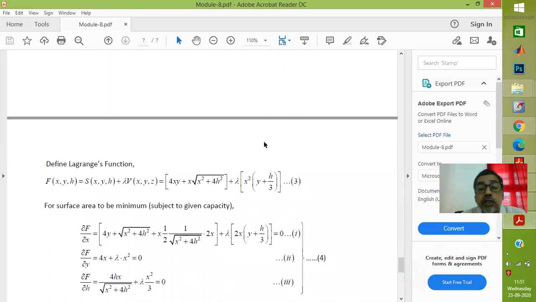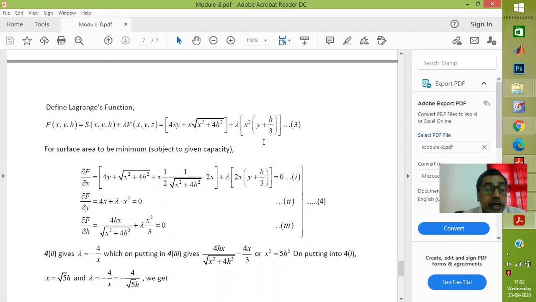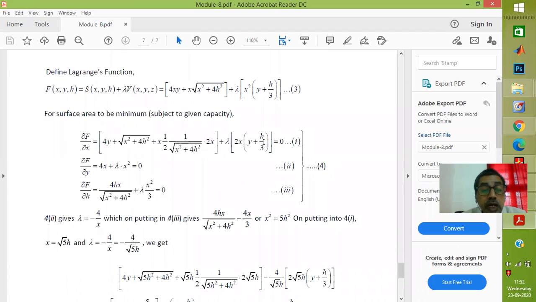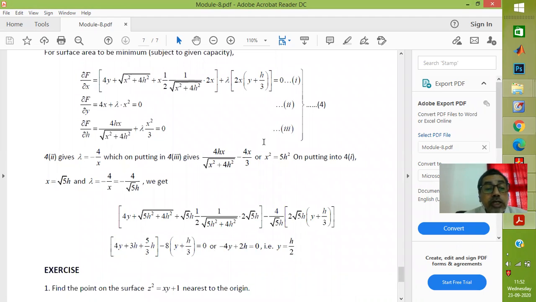Set up the Lagrangian function, take the partial derivatives with respect to x, y, and h, equate them to 0, and you get some relations. x will be root 5 times h, lambda will be some minus 4 by x, and then you can work out what is y in terms of h, and that relation should be sufficient enough to talk about the minimum value of the surface area, provided you know some values.